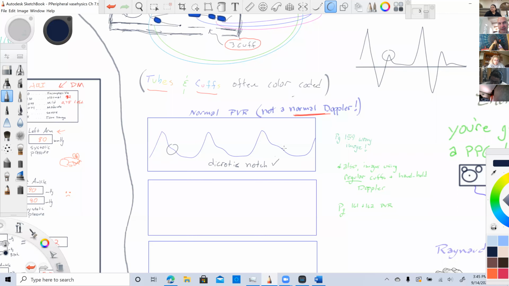That's a good thing to have. One of the first signs of either that your cuff isn't on tightly enough, or very mild disease, is a pretty normal looking waveform, but without a dicrotic notch. So the dicrotic notch kind of shows that we have triphasic flow.